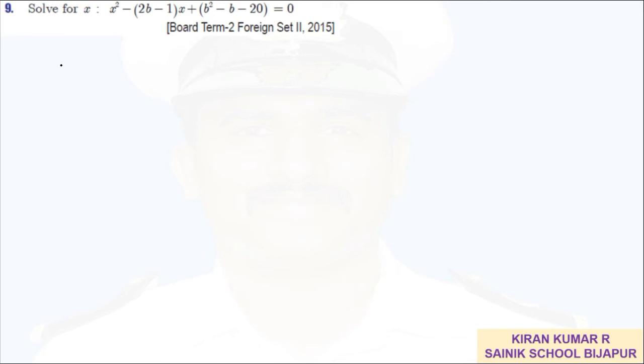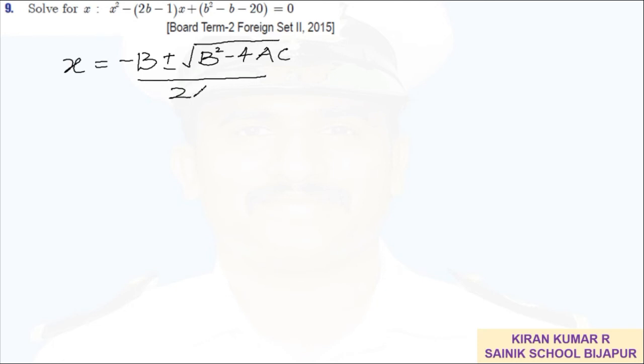If you use the quadratic formula, we have to substitute in this: minus B plus or minus root of B square minus 4AC divided by 2A. I am using the capital letters because small letter b is used in the question, so better not to get confused.